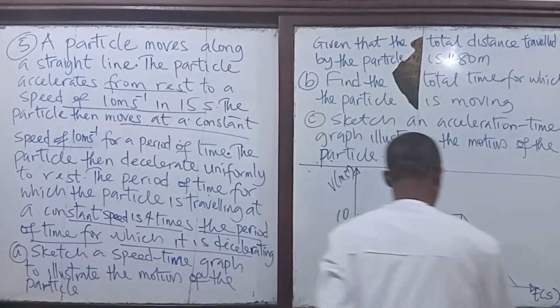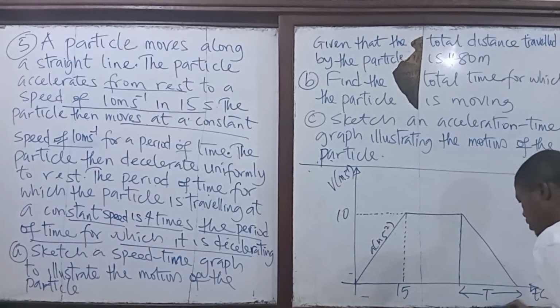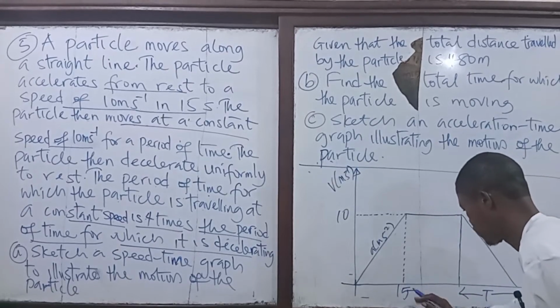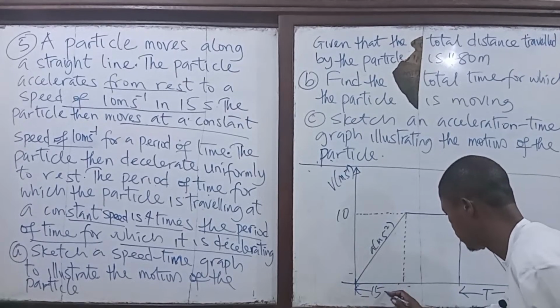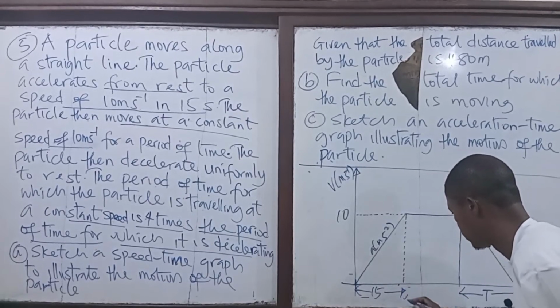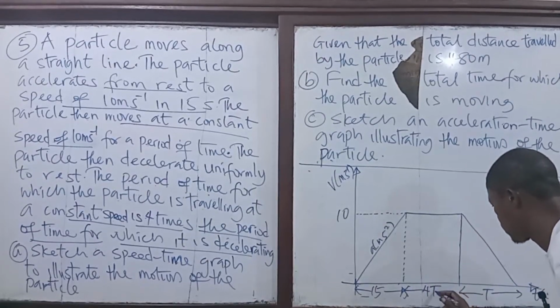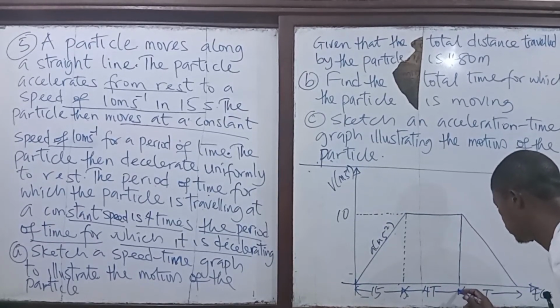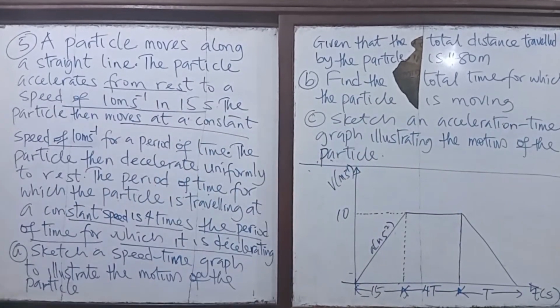So let's assume this will be t. This place will be 4 times. From here to here is 15 seconds, so from here to here is 40.